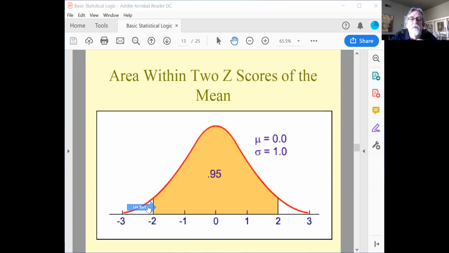And so if you wanted to find the limits, in other words, the minimum and maximum of the middle 95%, you would start with a mean value, subtract 2 standard deviation units from it to find the minimum, and add 2 standard deviation units to it to find the maximum.